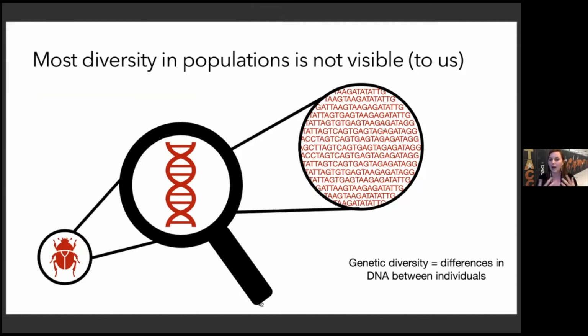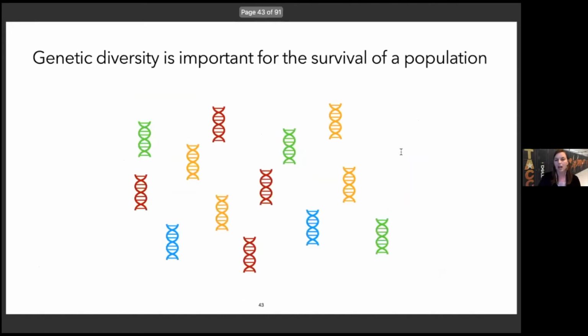So now when I'm talking about genetic diversity, I mean not differences between individuals in their appearance, but really in their DNA. And so for the same reasons that the visible diversity that we see is important to the survival of a population, this genetic diversity is also important, and we want to maintain it.